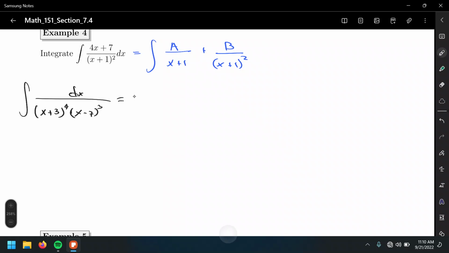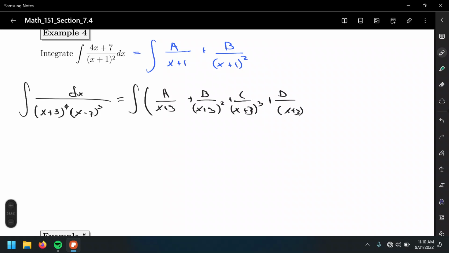That is the integral of A over x plus 3 plus B over x plus 3 quantity squared plus C over x plus 3 to the 3rd power plus D over x plus 3 to the 4th power, and then in this case we got to the highest power of x plus 3.